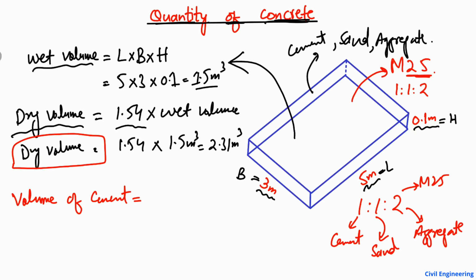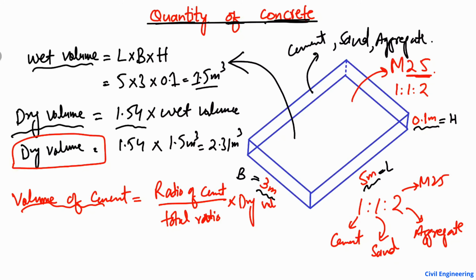So to find out the volume of the cement, we need the ratio of the cement divided by the total ratio, multiplied by the dry volume. Now the ratio of the cement is here 1. You see here 1 is the ratio of the cement.